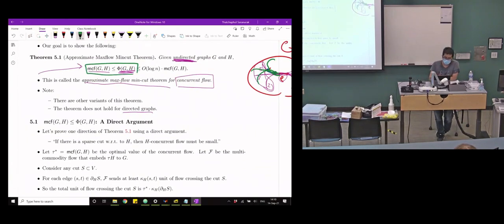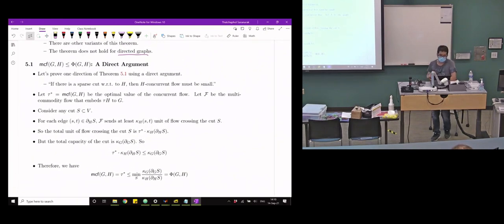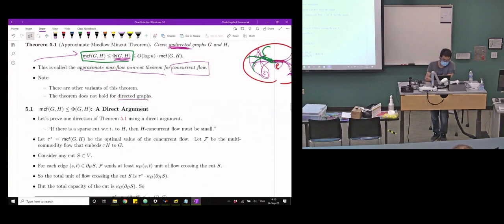So let's prove one direction. This is going to be a direct argument. What do we want to show here? This part says that if there is a sparse cut with respect to the demand edges H, there is a cut in G that is small compared to H. If there exists a sparse cut with respect to H, then the concurrent flow for H must be small too.